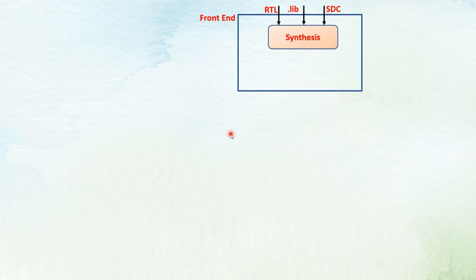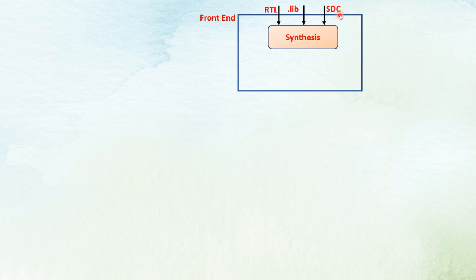That synthesis, as you can see here, is taking the SDC file also. So this SDC file, as I've already discussed, consists of a lot of constraints that the designer wants the design to meet. So synthesis takes these inputs and optimizes the design based on the predefined constraints that are defined in the SDC file.